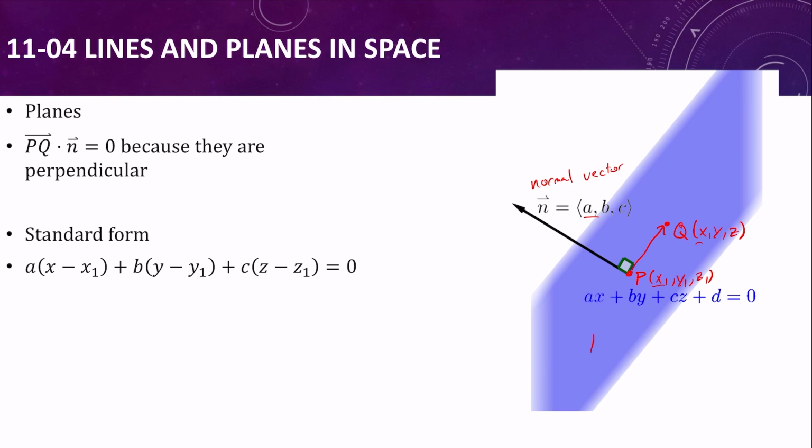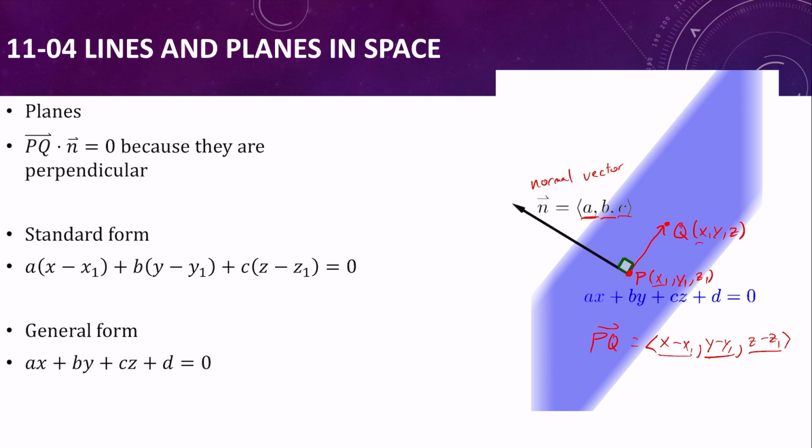Remember, PQ is going to be the difference in the x's, difference in the y's, difference in the z's. So if I dot product, it's multiply the x's plus multiply the y's plus multiply the z's, and it equals 0. If we knew the numbers for x1, y1, z1, we could multiply it out and get the general form, which is that.